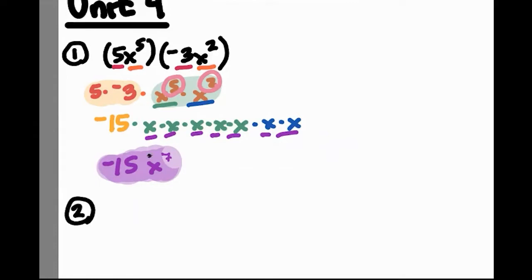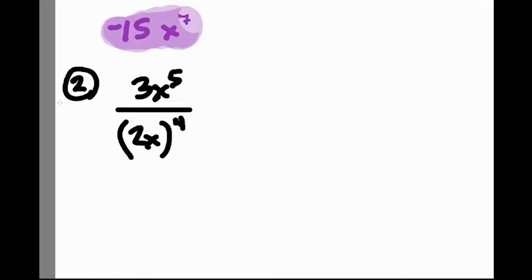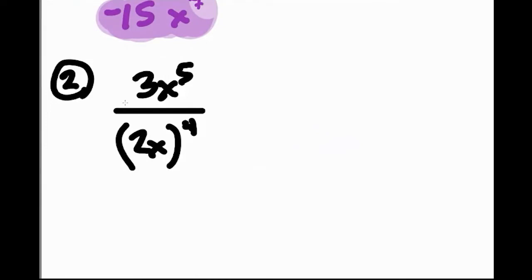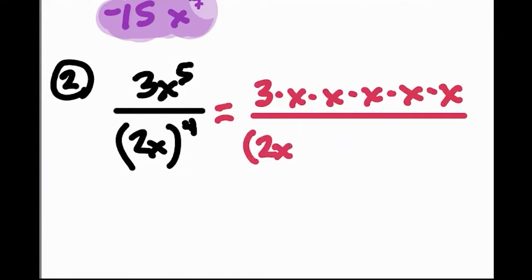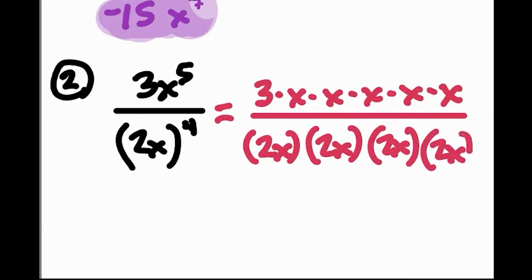Okay. Number 2. So that was multiplying. Now we're going to do one that involves dividing. If you know how to do this your own way, then just don't even bother paying attention to what I'm doing. But what I'm going to do is write 3 times x times x times x times x times x, 5, divided by, this one's 2x to the fourth, so that means it's 2x times 2x times 2x times 2x.